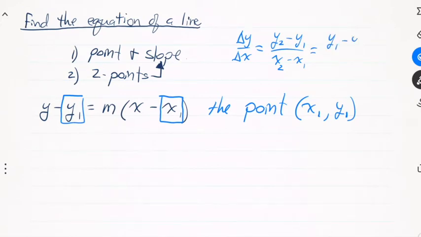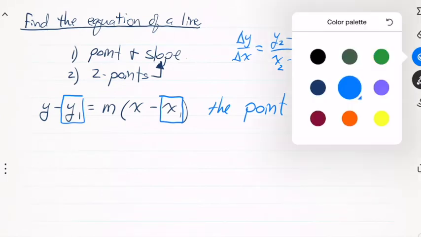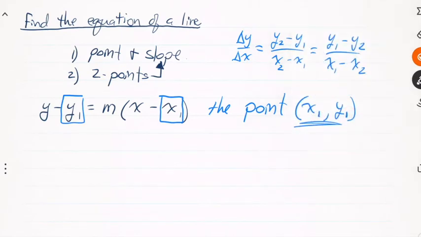So y sub 1 minus y sub 2 over x sub 1 minus x sub 2, and they're equal. So I prefer going left to right, so first point to second point. So this is just the representation of a point. The only other number in here is this m. The x and the y that aren't boxed are variables, and they just stay as they are.